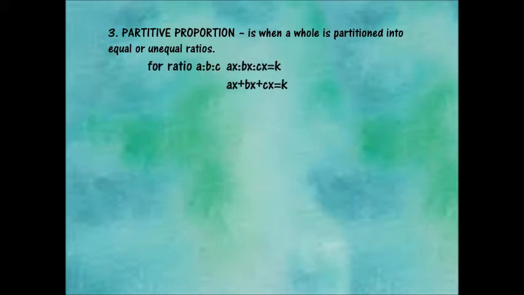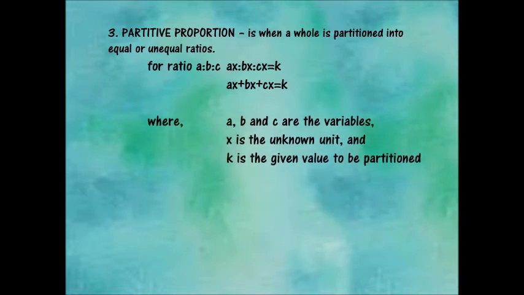So, para masulat natin siya, that is into ratio A is to B is to C. Or that is AX is to BX is to CX is equal to K. Where A, B, and C are the variables, X is the unknown unit, and K is the given value to be partitioned.